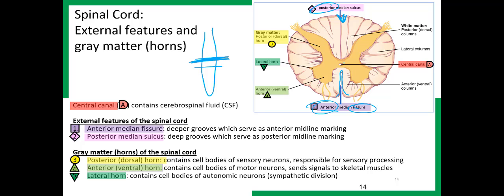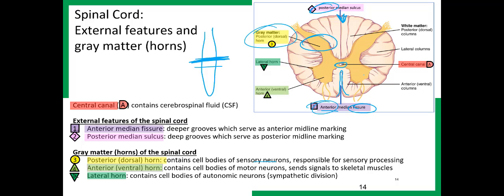You see over here, you've got a little hole called the central canal, and this is where cerebrospinal fluid runs through. I've talked about the anterior median fissure, and then the other thing you can see is these horns, right? You've got these gray matter horns of the spinal cord. The projections of gray matter at the back are called the posterior or dorsal horn, and they contain cell bodies of sensory neurons.